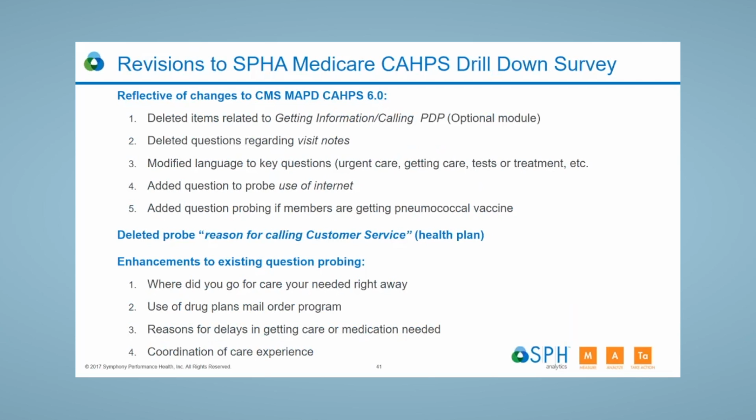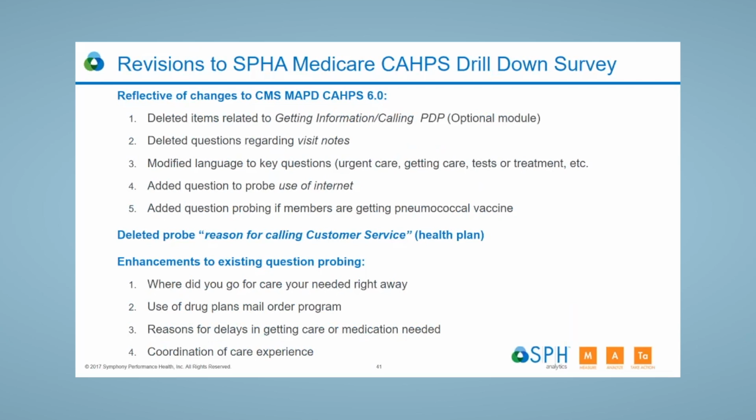We've deleted questions regarding the visit notes. We've mimicked the language and some of the changes that were made to some of those key questions about urgent care, getting care and tests and treatment. We did add a question about the use of the internet to probe some additional information about that aspect of care. We also added a question about the pneumonia vaccine as well.